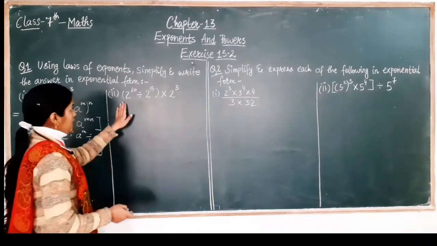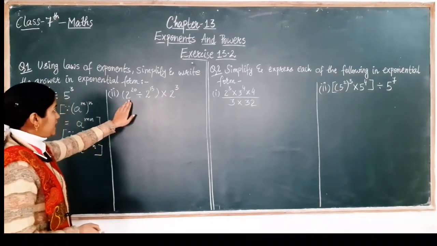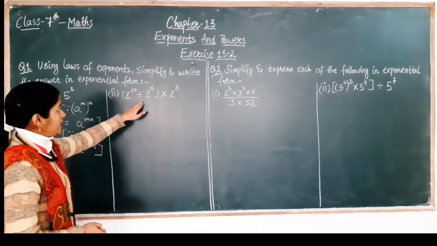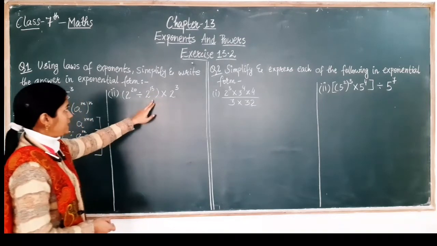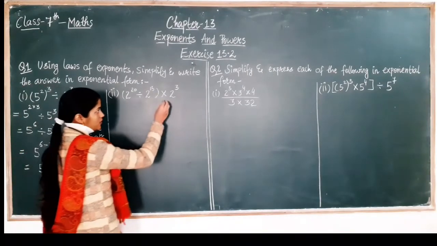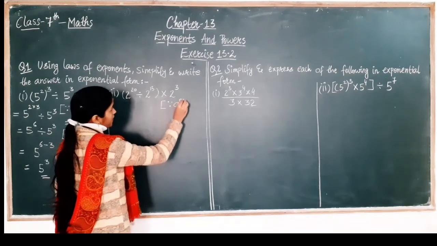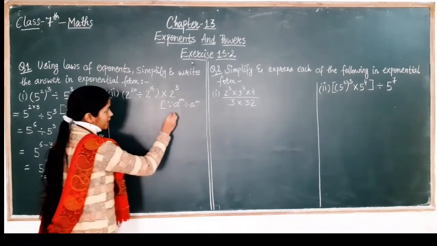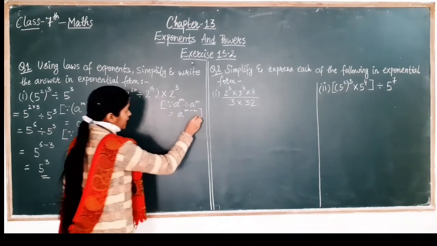Now in this question, first we have to simplify this. We have been given 2 raised to the power 20 divided by 2 raised to the power 15. For this question we first write the law. Which law is being used? The law a raised to the power m divided by a raised to the power n gives a raised to the power m minus n.